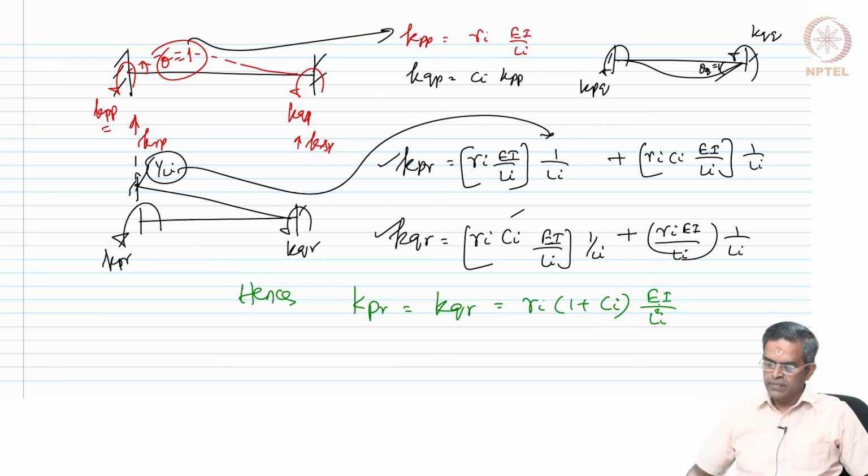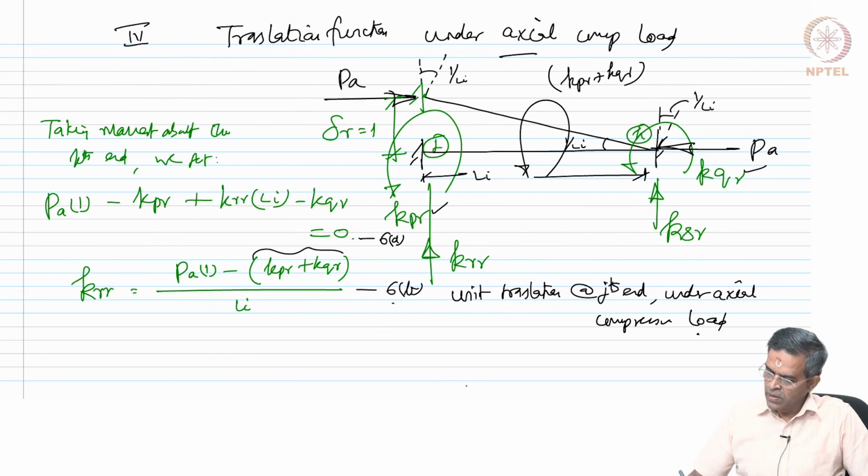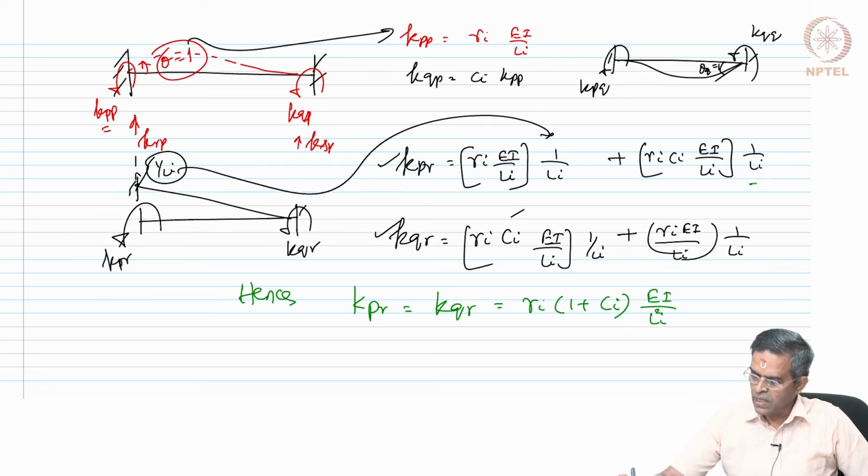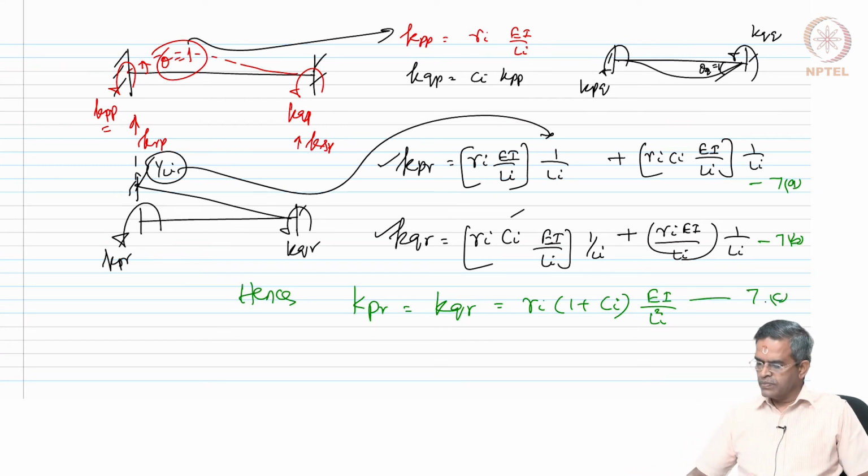Can I say that? So, we call these equations, we said 6a and 6b, we call this as 7a, 7b, 7c. Is that okay? Agreed? Okay.